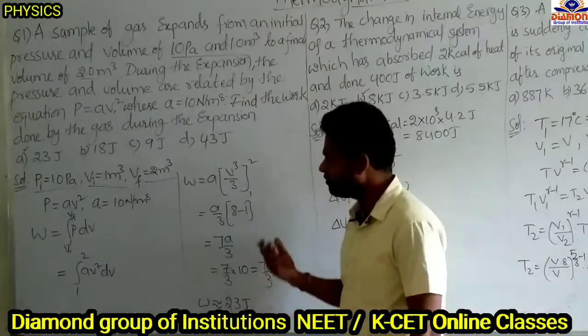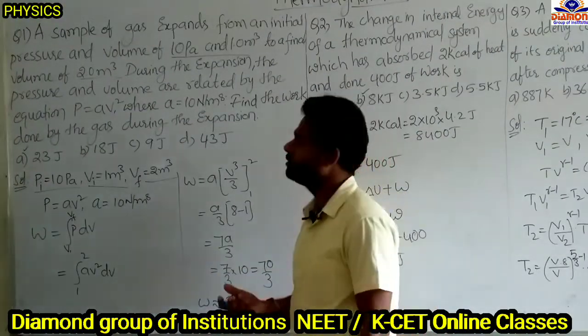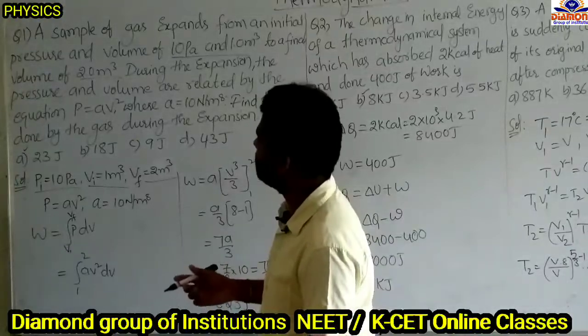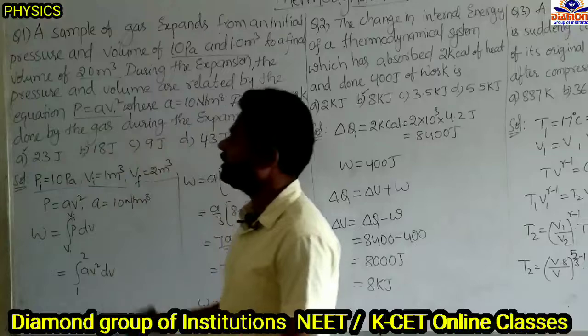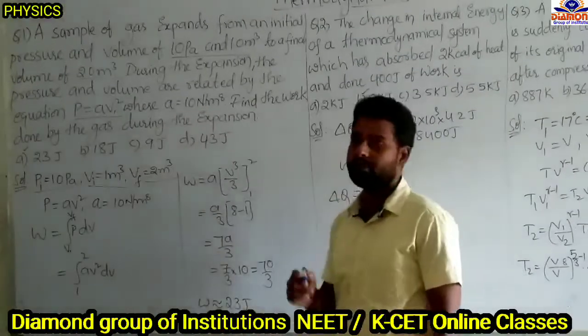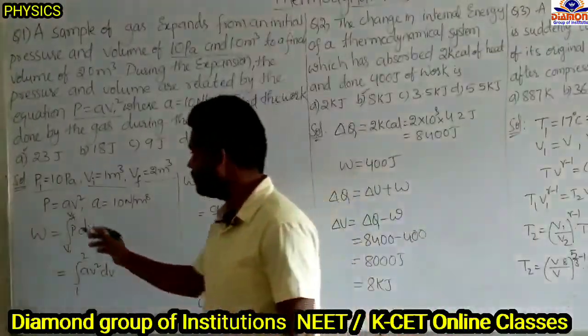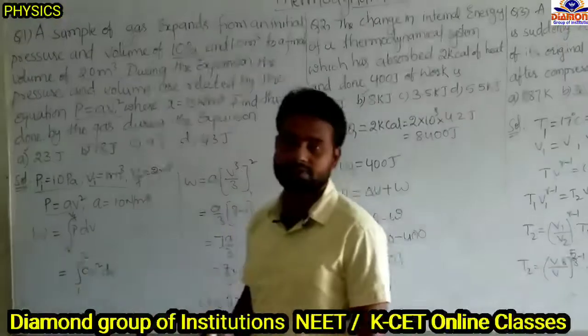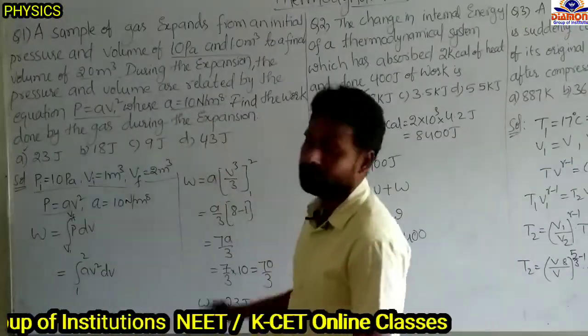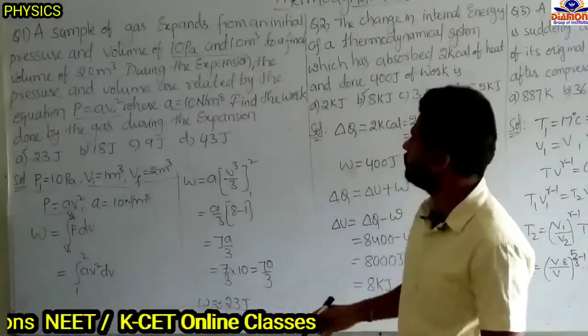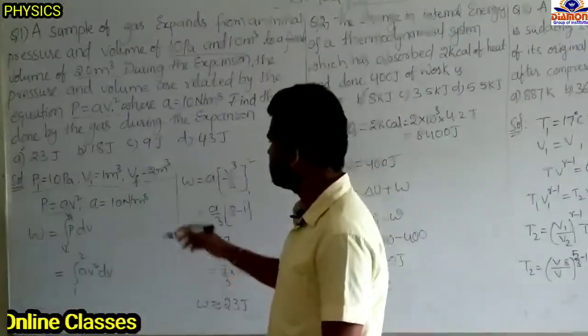So volume changed from 1 meter cube to 2 meter cube. During the expansion, the pressure and volume are related by the equation P equal to A V square, where the value of A is given as 10 Newton per meter power 8. Find the work done by the gas during the expansion.